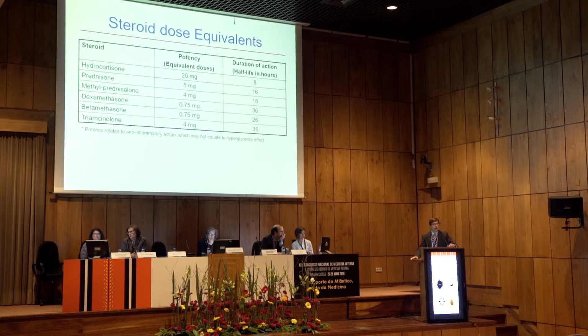We have to take into account the pharmacology of glucocorticoids. There are glucocorticoids of short action, like hydrocortisone. You can see here the duration of action is half hour, 8 hours. Prednisone and methylprednisolone are intermediate action glucocorticoids, and dexamethasone, betamethasone, and triamcinolone are long action glucocorticoids.